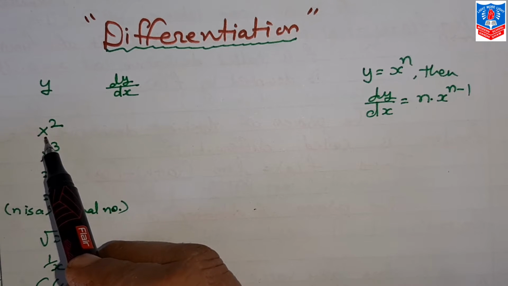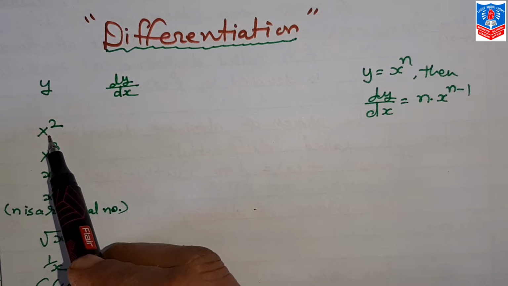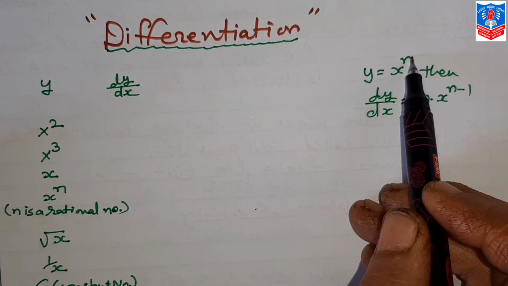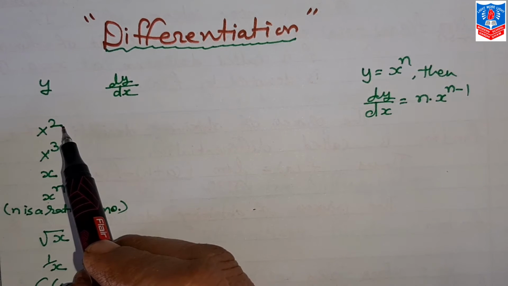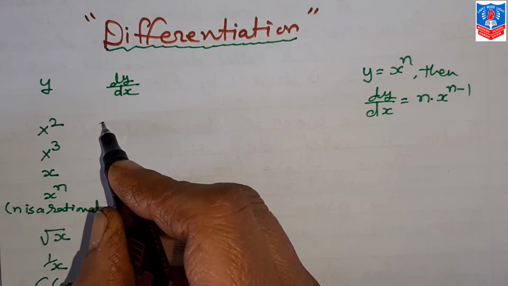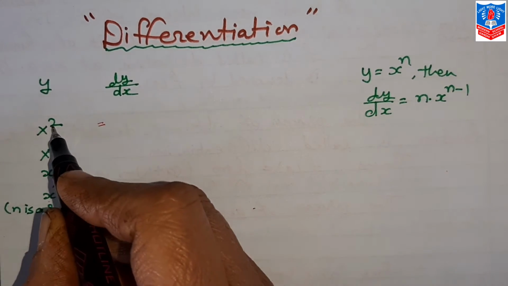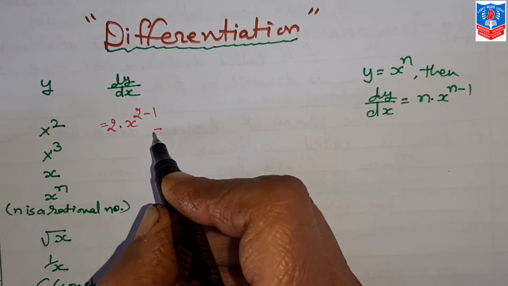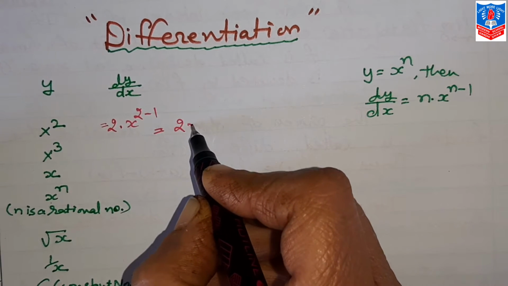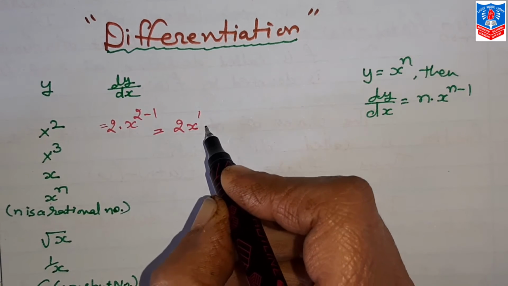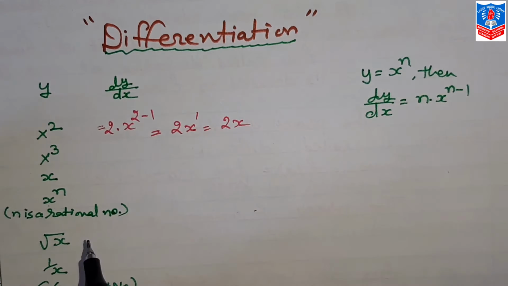Now here first is x square. Here the x value is x and n is 2. Now y is equal to x raised to n, and here x is equal to x raised to 2. So dy upon dx will be, here n is 2, x raised to 2 minus 1, which will be 2 into x. 2 minus 1 will be 1, so it will be 2x.